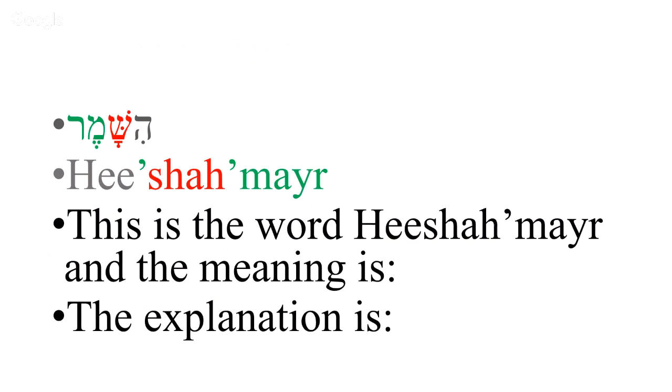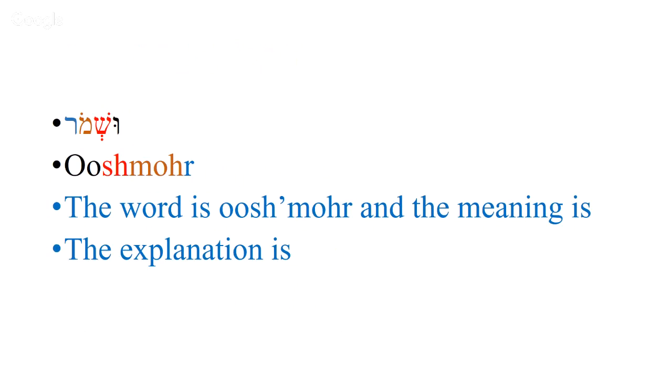Now, this takes the prefix of the letter hey, as we went over before in lesson 6 about what the prefixes are and what the suffixes are. Very important. Drop that off, you get the word shamir, all right, which means still, to watch, to guard, to keep, or to observe.